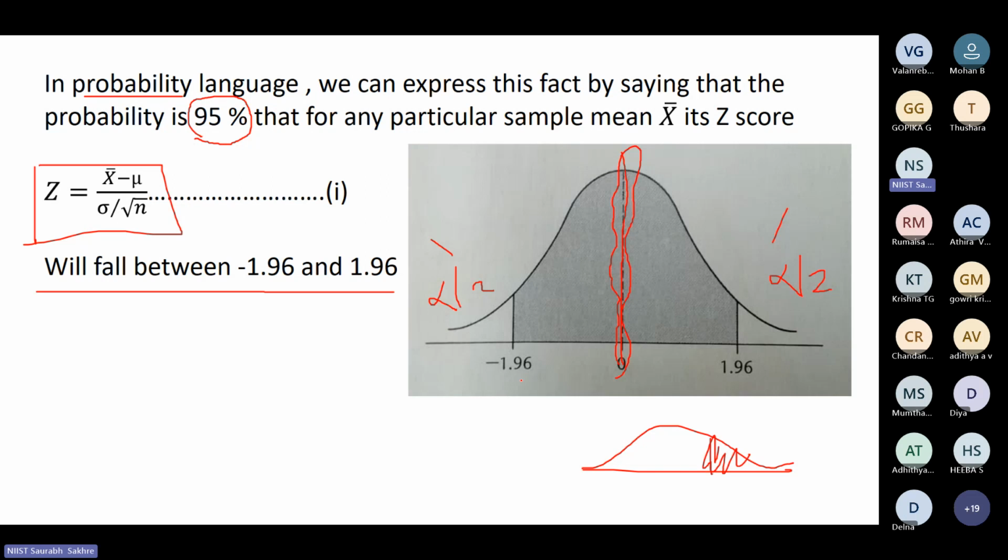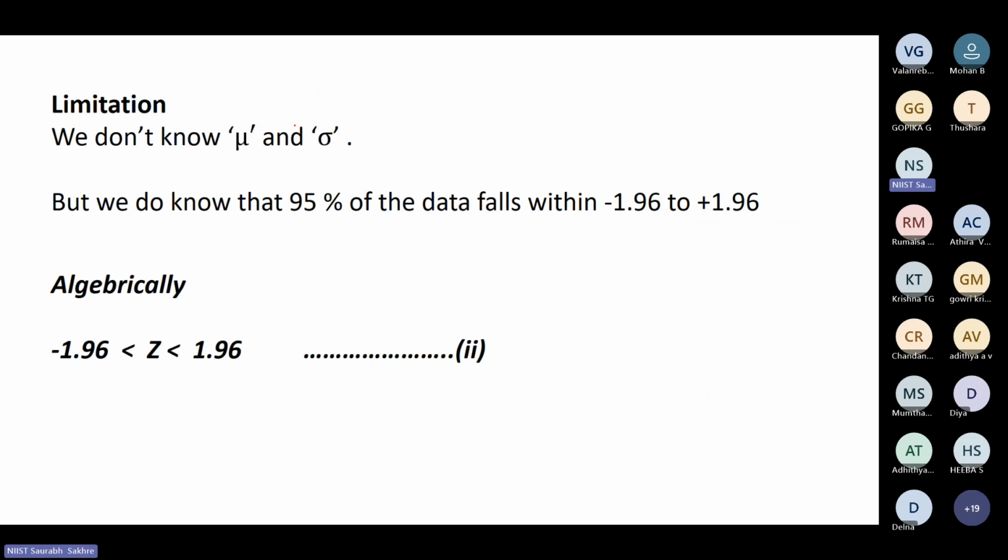I hope this is crystal clear to you that when we are taking any alpha, we take alpha by 2 of it, and then we take minus Z alpha by 2 on the minus side and plus Z alpha by 2 on the right side. Okay, this is how we form a confidence interval. Now, what is our limitation here?